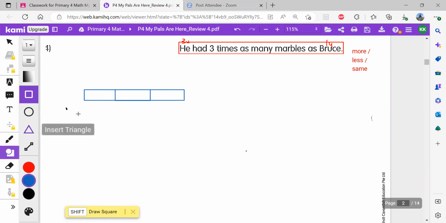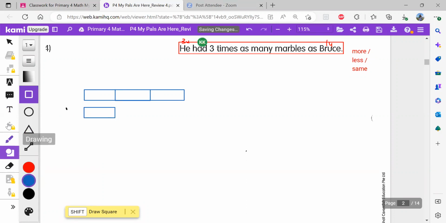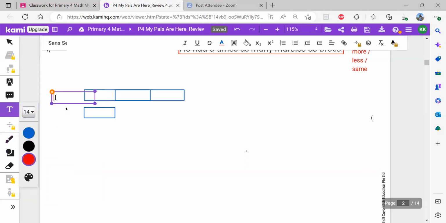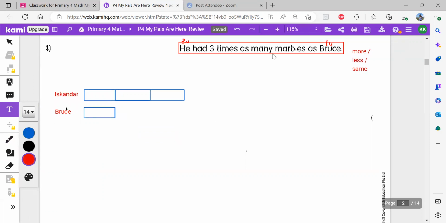So for Iskandar and Bruce, for Bruce I will be drawing 1 unit, which is the same length as that. Okay, and I label that Iskandar and Bruce. Okay, so once you do that, I'm done with this sentence. I'm ready to move on.